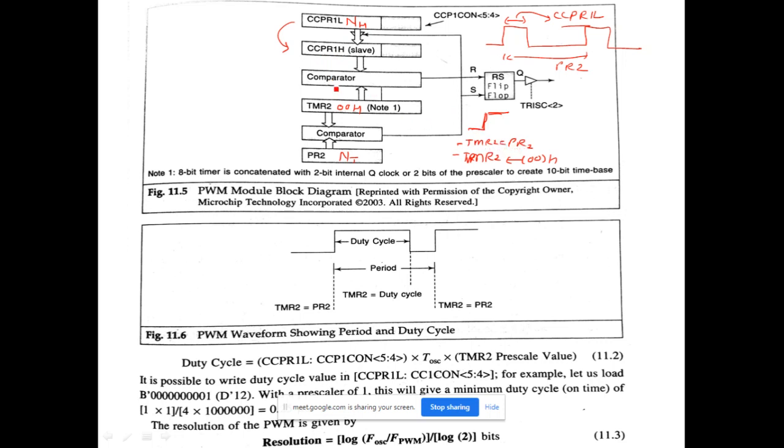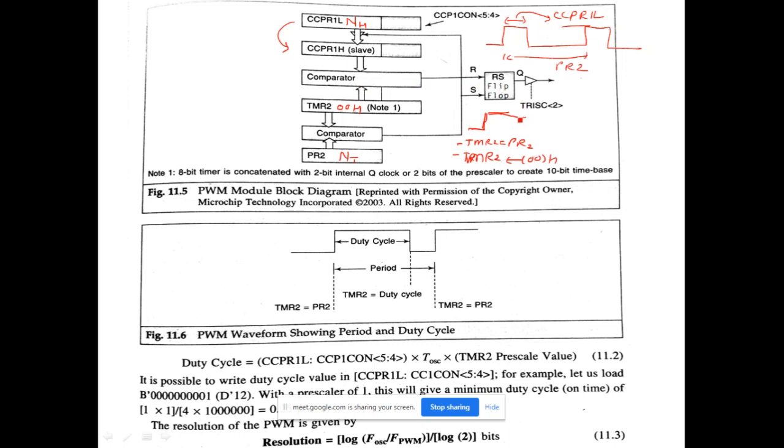And then your timer 2 will start running, right? The count here will go on incrementing like that. Now this count is also being compared with CCPR1H by another comparator. When this count becomes equal to this, the comparator output will reset this flip-flop.